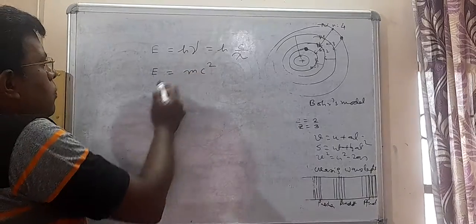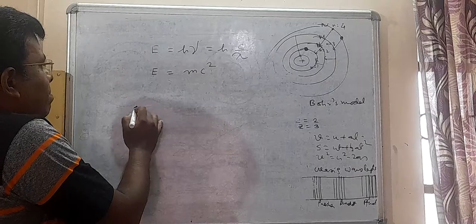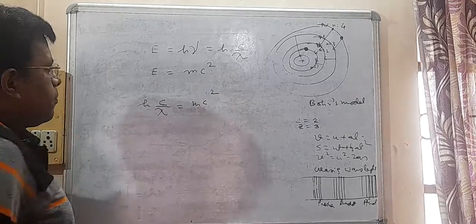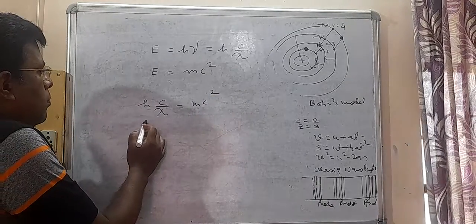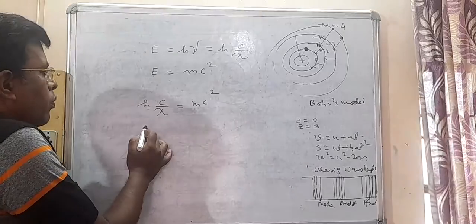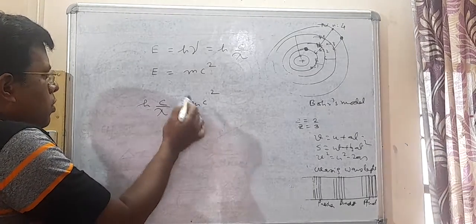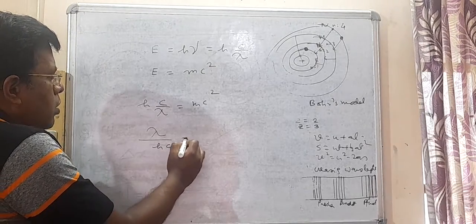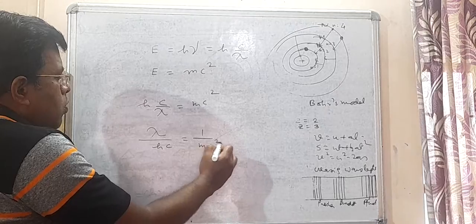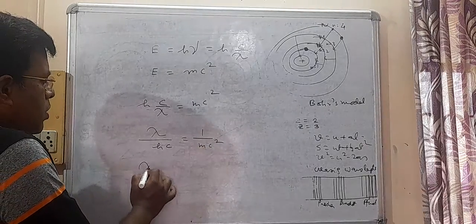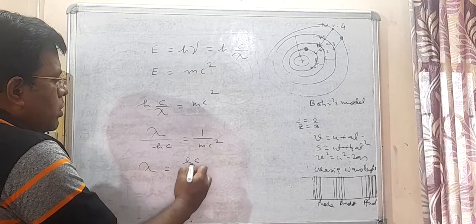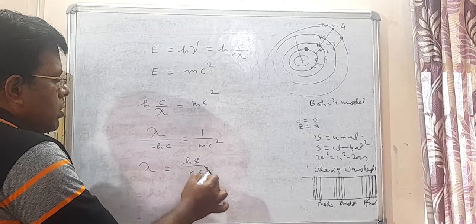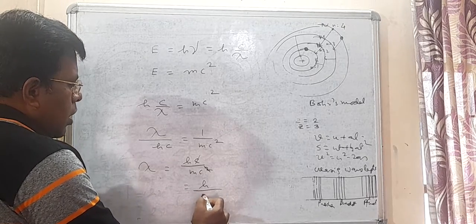So if we equate these, what we are getting is h c by lambda is equal to m c squared. If I take the reciprocal, we will get lambda by h c is equal to 1 by m c squared. So lambda will be equal to h c by m c squared. If I cancel out c and c, we are getting h by m c.